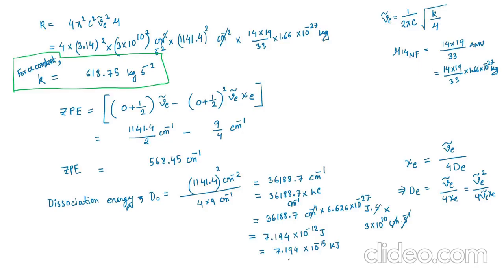So to get per mole, we need to multiply it with the Avogadro number. So now the unit becomes kilojoule per mole inverse, right?